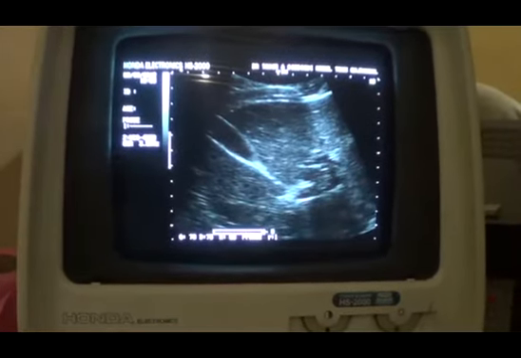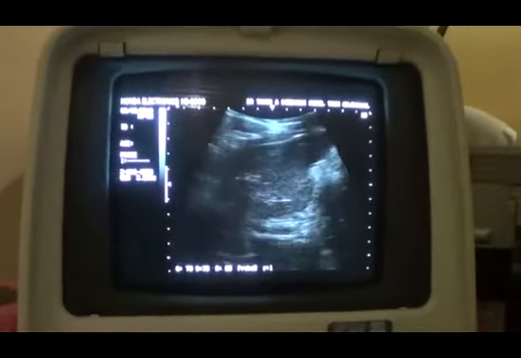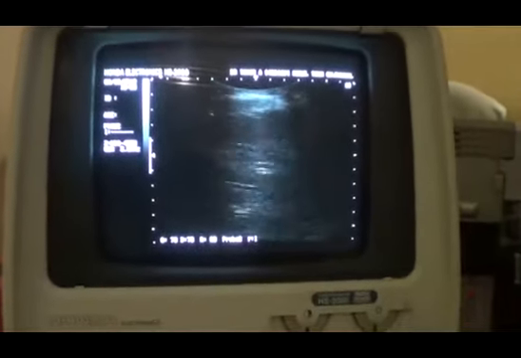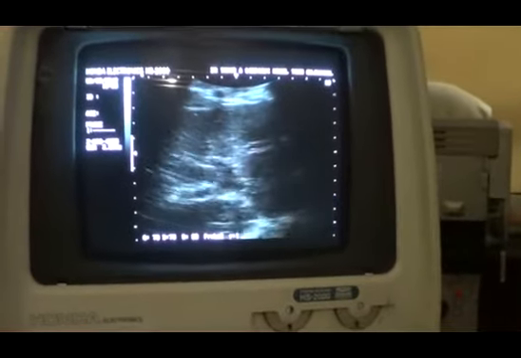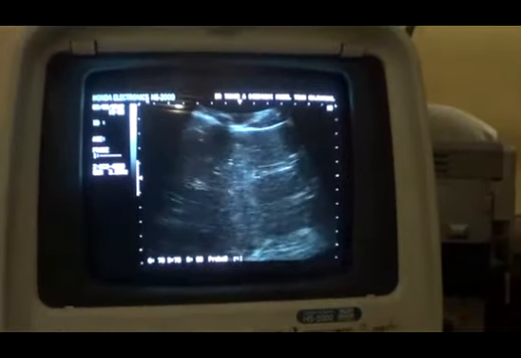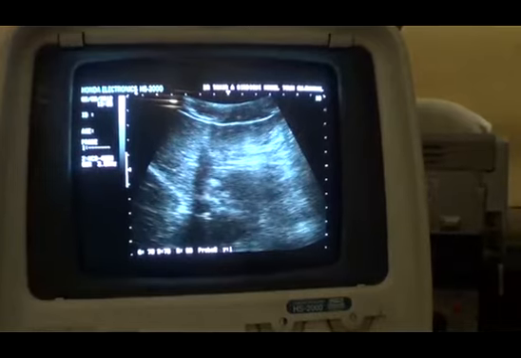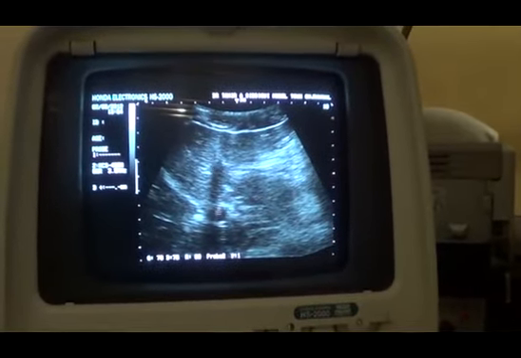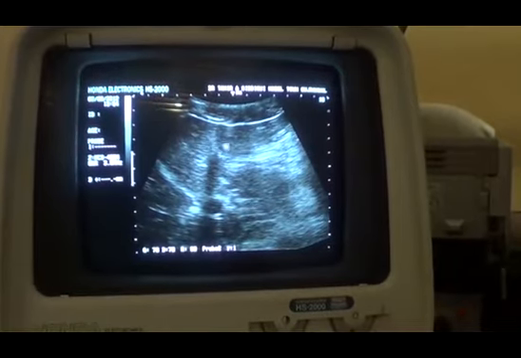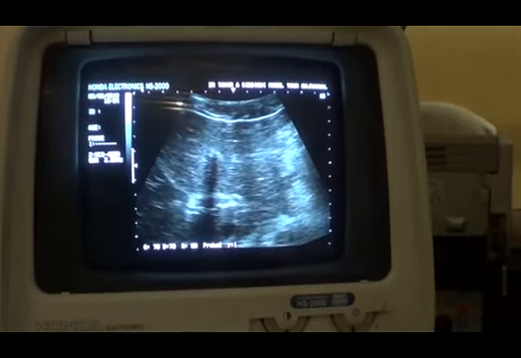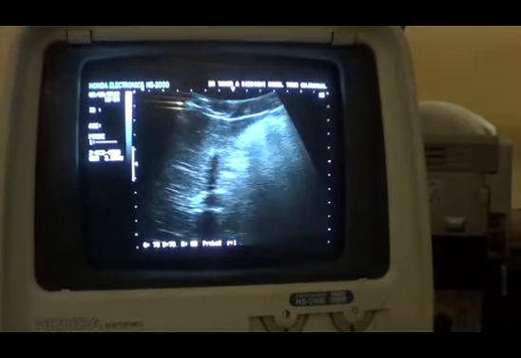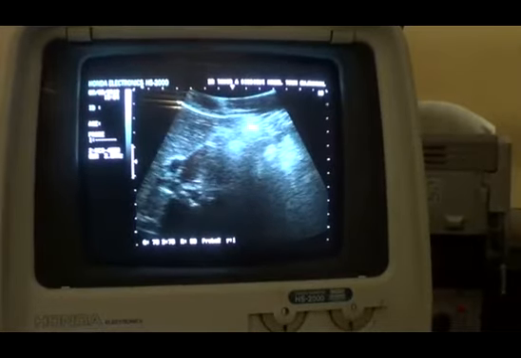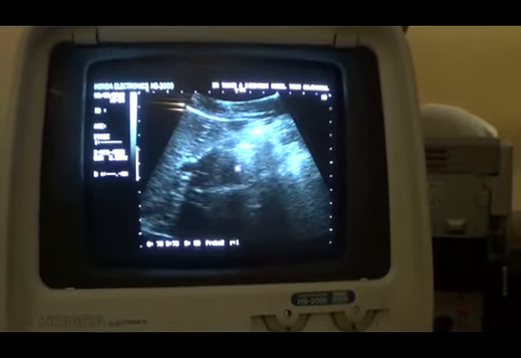This is the median lobar fissure. This is the ligamentum teres, this triangular area giving posterior shadow. This is the ligamentum teres in transverse section and the same in longitudinal section.